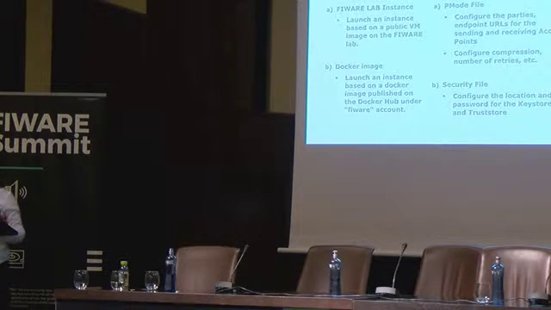I will show you it is very easy to install Domibus either using the FIWARE laboratory or by using the Docker image. Thanks to the FIWARE team, we already have a public image on the FIWARE laboratory, and it is very easy to log into your account on FIWARE lab to launch the instance, and just like that you have an up and running instance of Domibus.